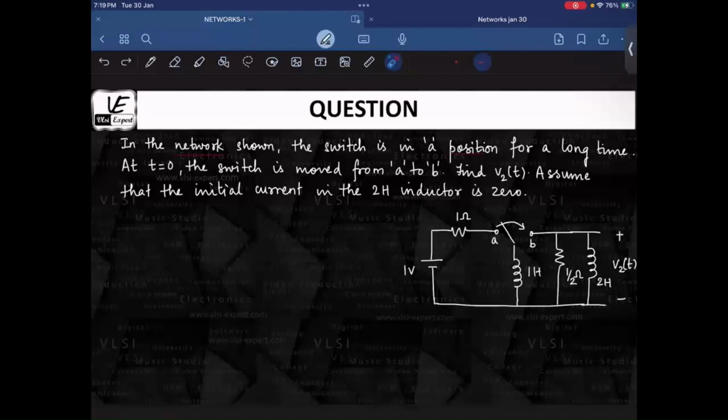What happens before changing the switch position and after changing the switch position is what we have to check. So when t is equal to 0 minus, how do I draw the circuit? It will be like this.